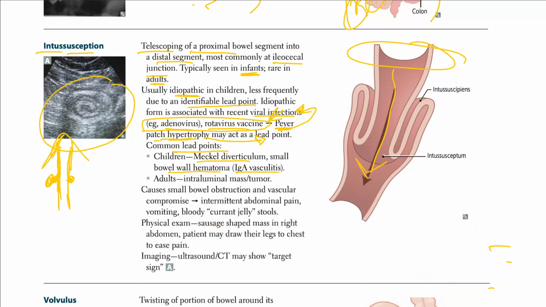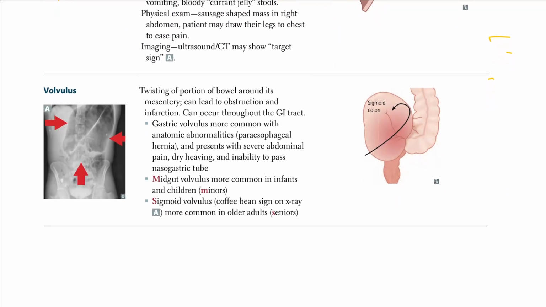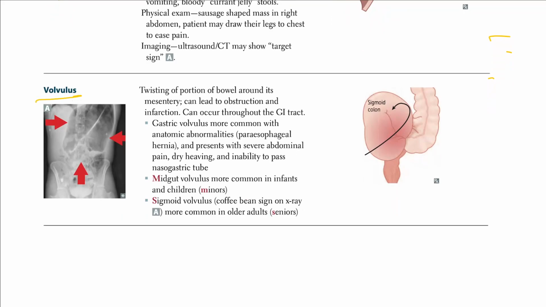Let's also talk about the next topic, which is volvulus. Volvulus is the twisting of a portion of the bowel around its own mesentery. It can lead to obstruction and infarction. It can occur throughout the GI tract.